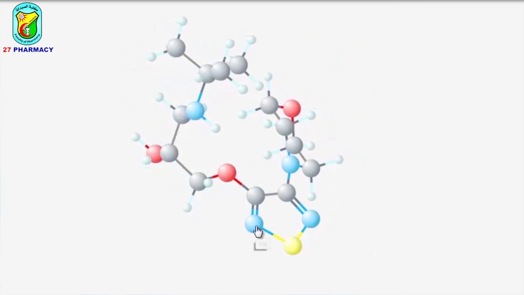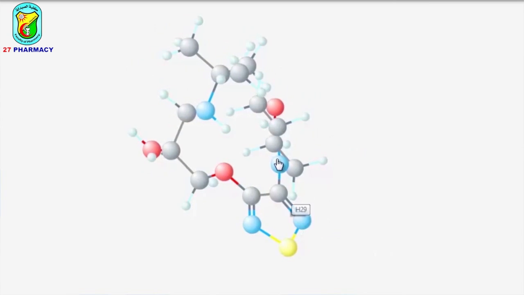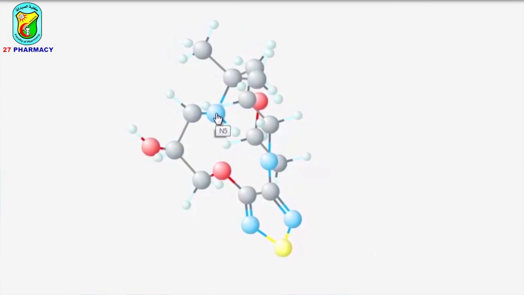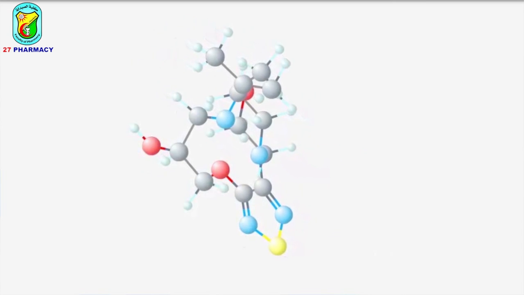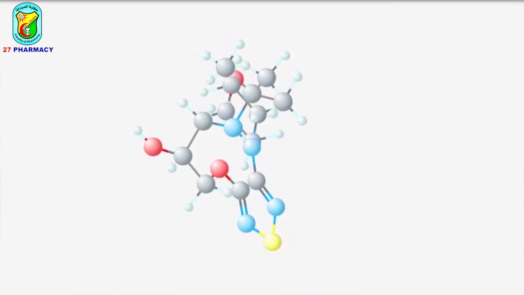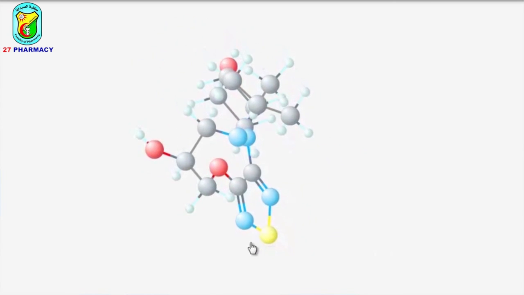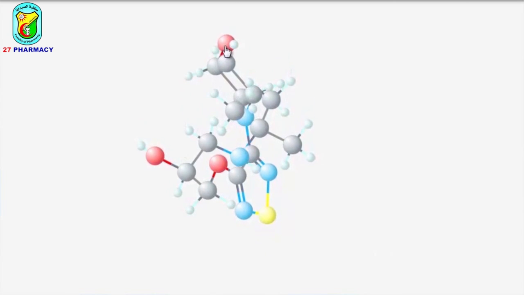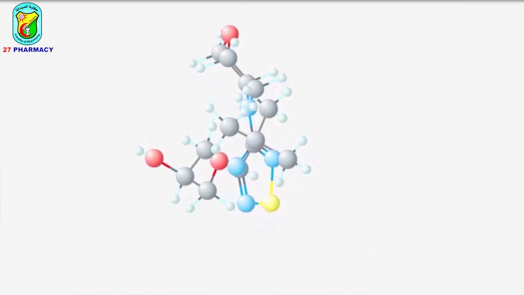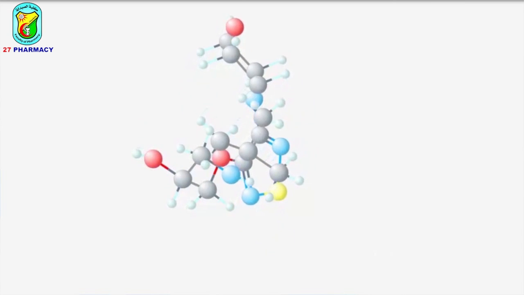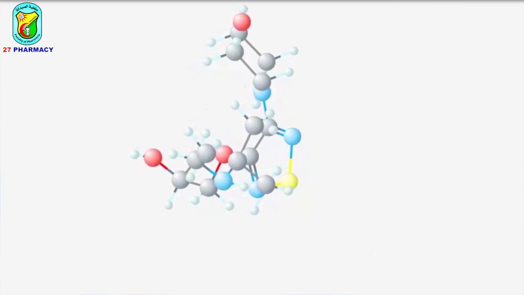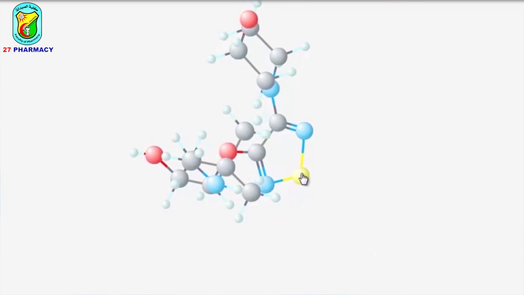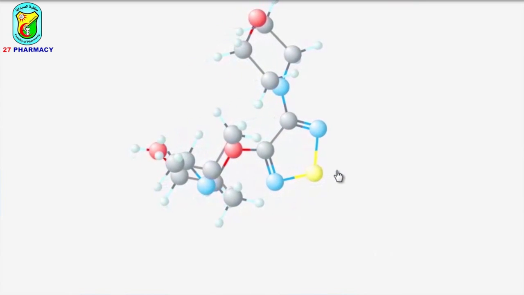The nitrogen atoms appear in blue color. Timolol has 4 atoms of nitrogen. The oxygen atoms appear in red color. Timolol has 3 atoms of oxygen, and sulfur appears in yellow color.